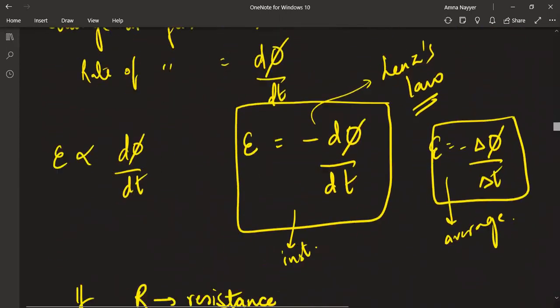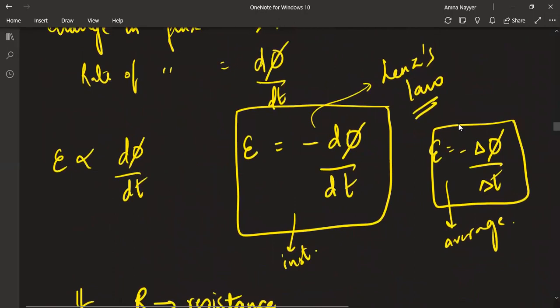Now, the second point is this negative sign. The first law of Faraday's EMI says that whenever magnetic flux changes, there is induced EMF. The second point is that EMF is directly proportional to the rate of change of magnetic flux. But we see a negative sign as well. This negative sign mainly states Lenz's law.